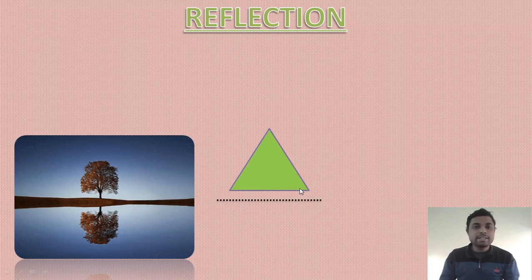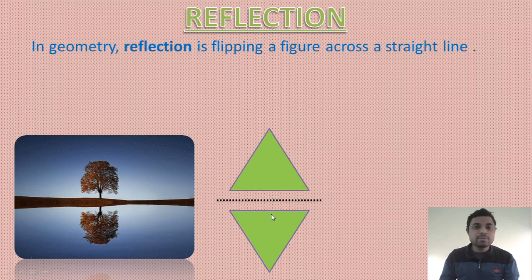So when you see in the mirror, how does it look? It looks like this. So in geometry, reflection is flipping a figure across a straight line. Reflection is flipping a figure across a straight line. Just flip, that means you see in the mirror the object is flipped.